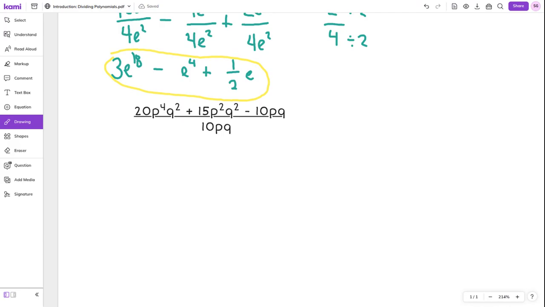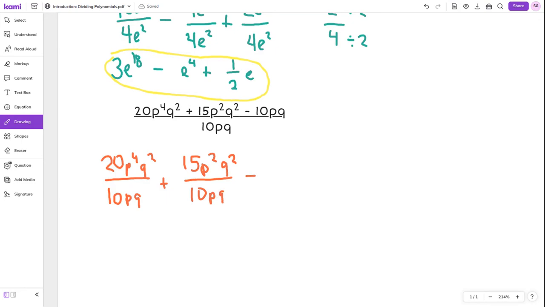So similar to what I did above, I'm going to write out the 3 division problems I need to do. I need to do 20p to the 4th power q squared, and divide that by 20pq. I also need to do 15p squared q squared and divide that by 20pq.